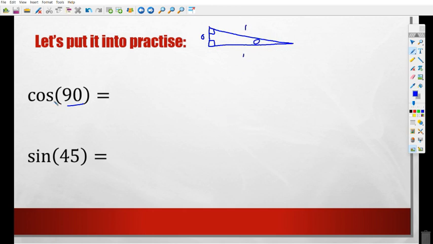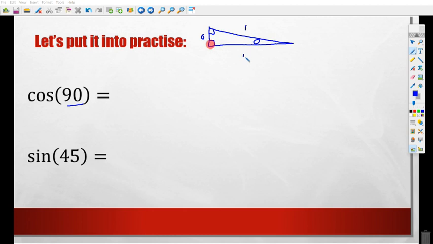All right, so cos of 90. If I look at this triangle, I go to my 90 degree angle. Sorry, let me just get my pen here. All right, so we've got cos of 90. I know that cos is adjacent over hypotenuse. So which side is adjacent to this 90? Is it the 0 or is it this 1?